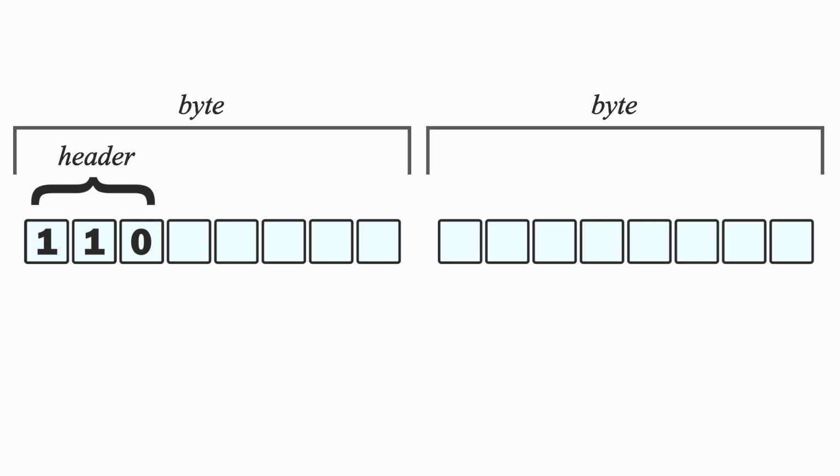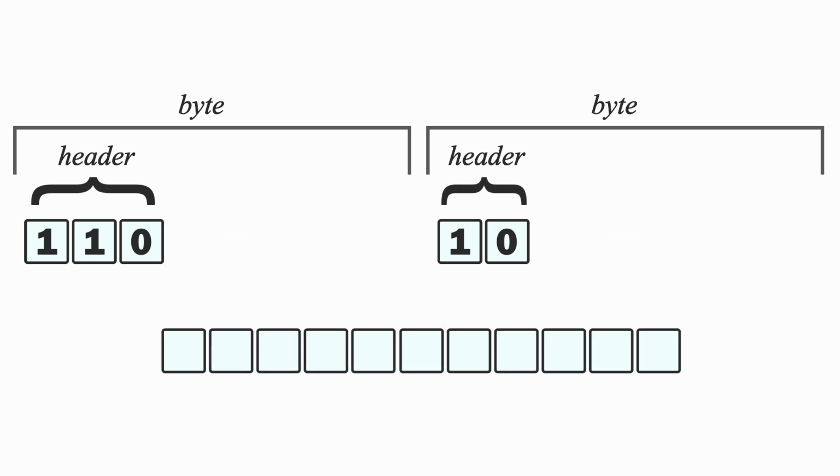So the second byte over to the right also has a header as a subheader, which is a 1 and a 0. Everything that is not considered a header is counted as a bit that will be used in the calculation to determine the end number that's associated with a symbol.